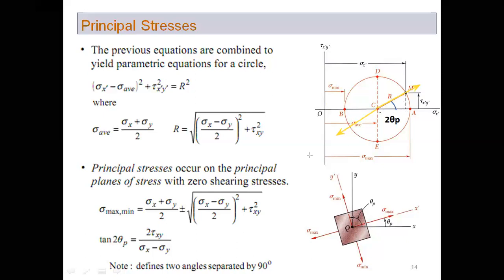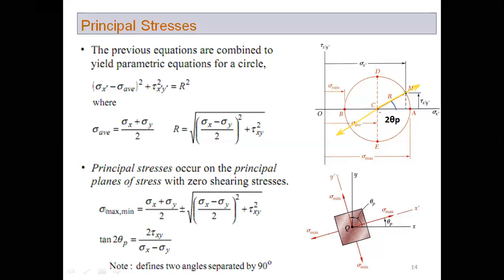In this right angle triangle, tangent 2 theta p is equal to tau xy divided by the radius, so we have to divide this by 2. So sigma x minus sigma y by 2, and that 2 is written here. So this is the analytical model by which you could find out the orientation of the principal planes.